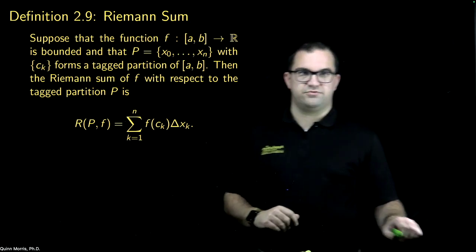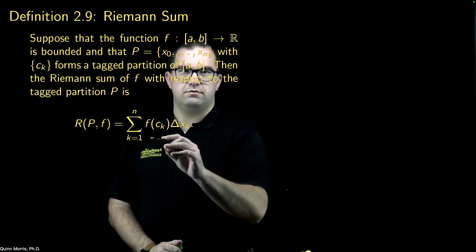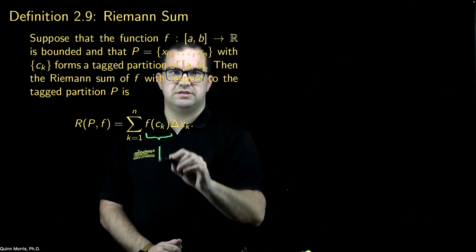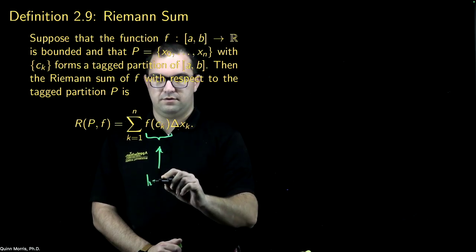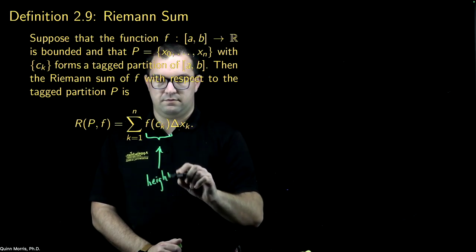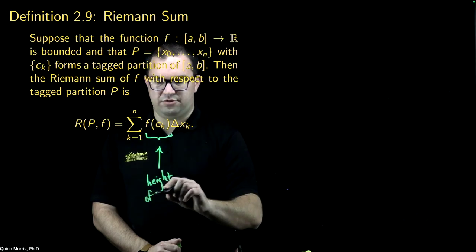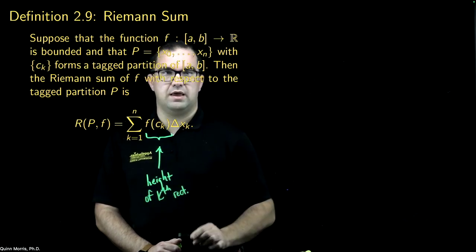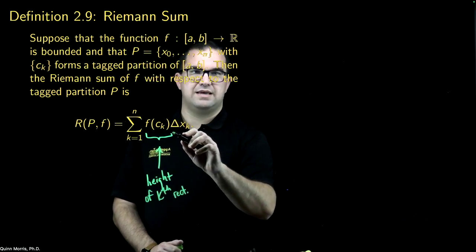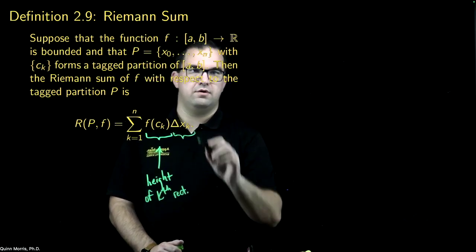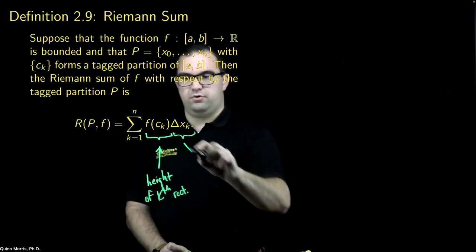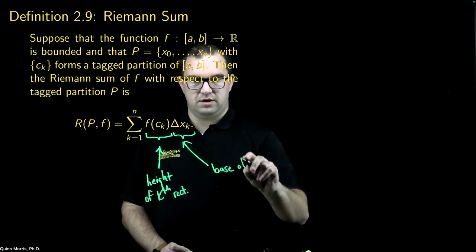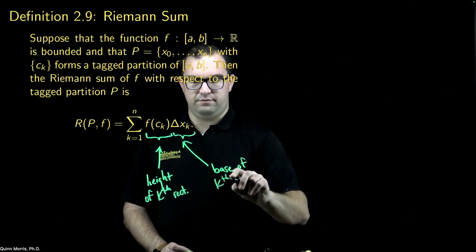Notice here, just from this definition, that f of c_k is really just giving you the height of the kth rectangle. And this delta x_k, remember, is just the width of that kth subinterval. So this is really just giving you the base of the kth rectangle.